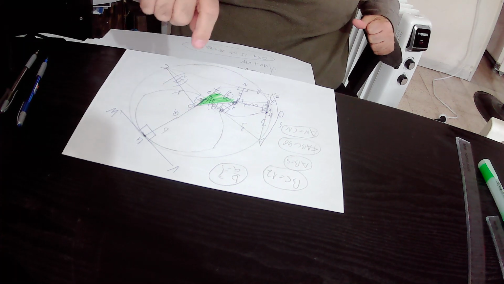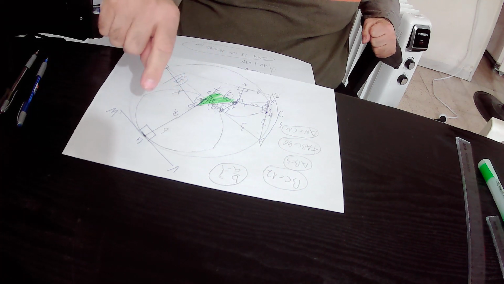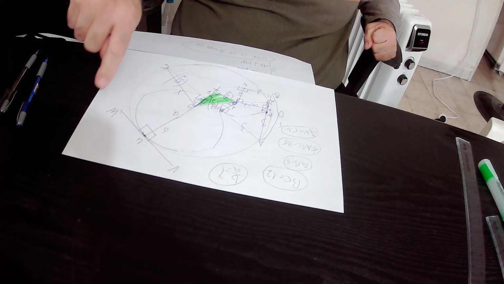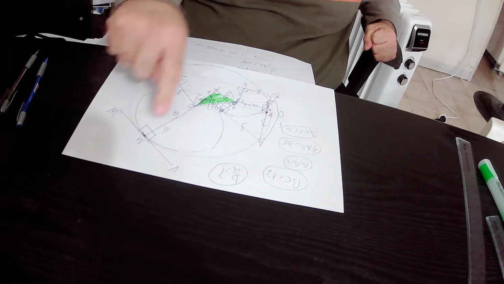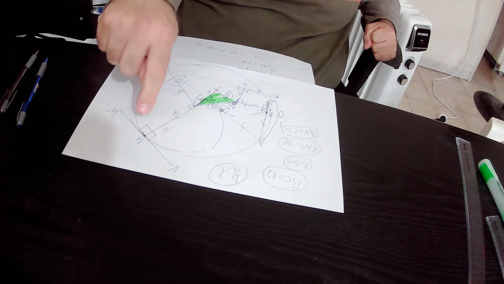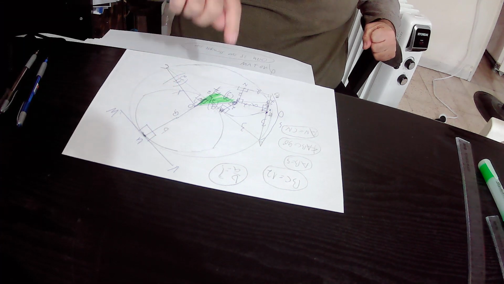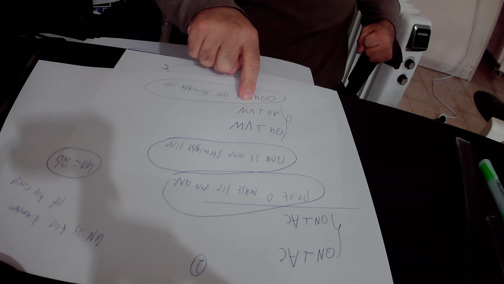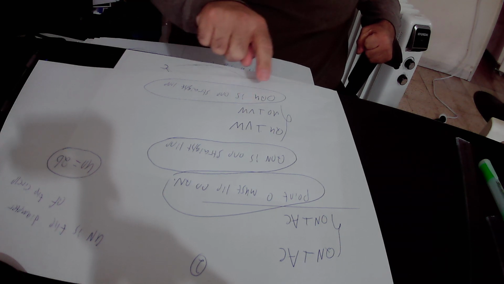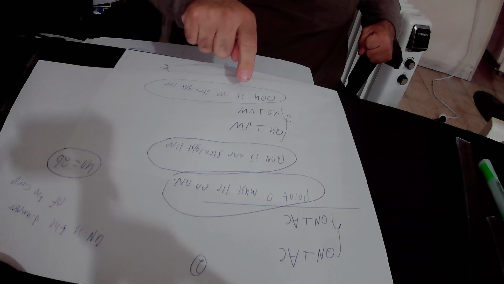Whenever a radius is drawn to the point of tangency, tangent VW is perpendicular to the radius UO. If VW is perpendicular to UO, this angle equals 90 degrees and this angle also equals 90 degrees. So you can write down that OU is also perpendicular to VW. And from these two statements, QU is perpendicular to VW and UO is also perpendicular to VW.